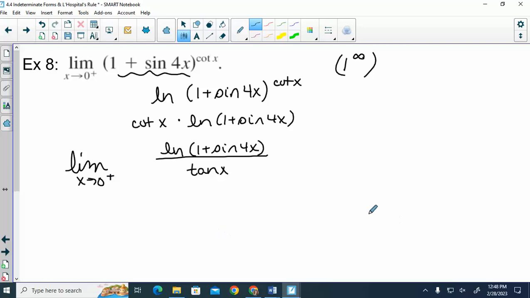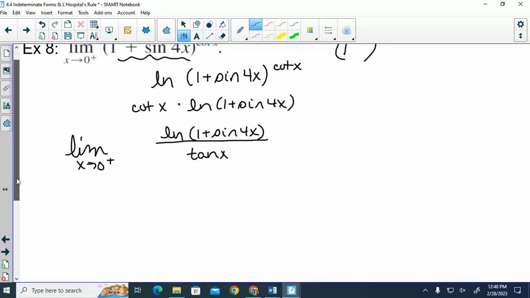Now, I'm going to make a note to myself right now. I added a log into a problem. What's the opposite of a log? The exponential. So to cancel it, at the end, I'm going to have to do e to whatever power I get. Okay, so e is the inverse of a log. Have I lost anybody?